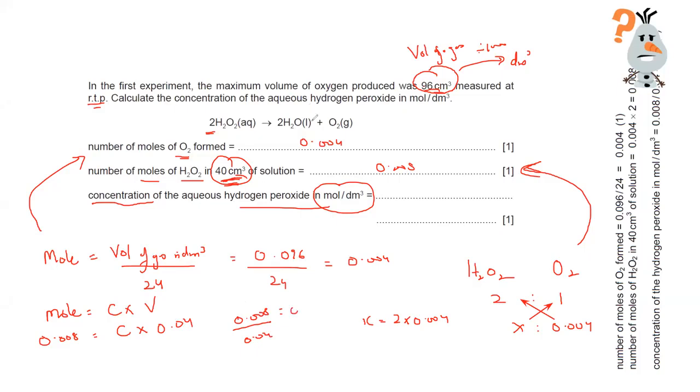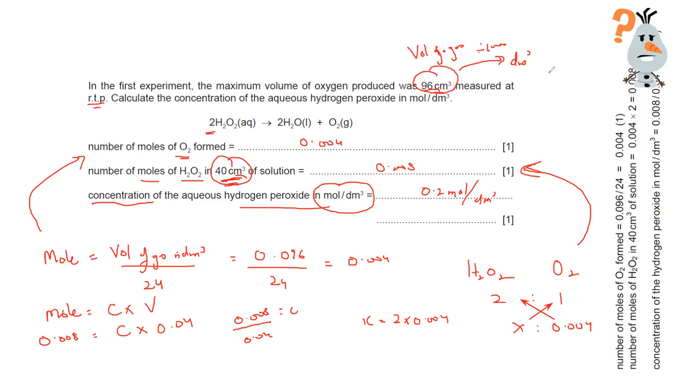So we'll get the concentration of this solution. 0.008 divided by 0.04 is equal to 0.2 mol per dm³.